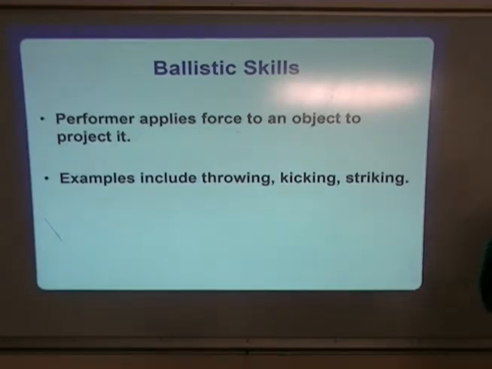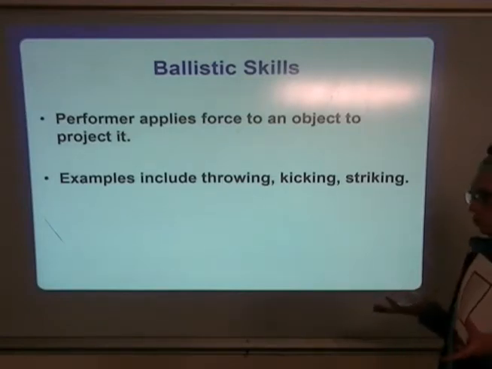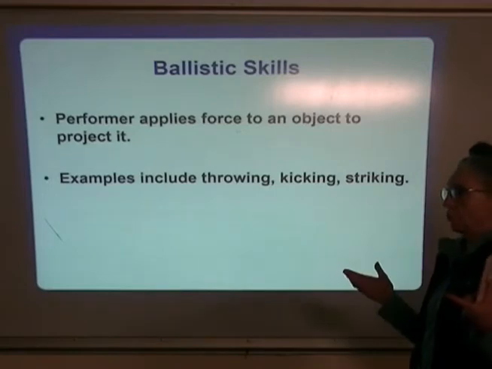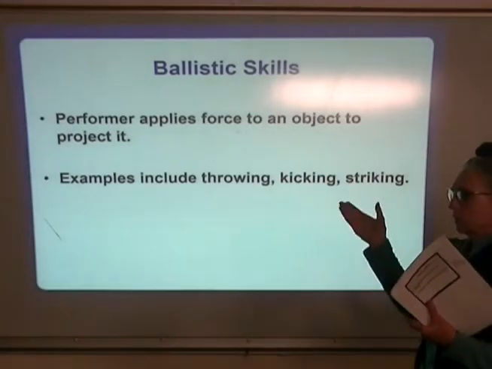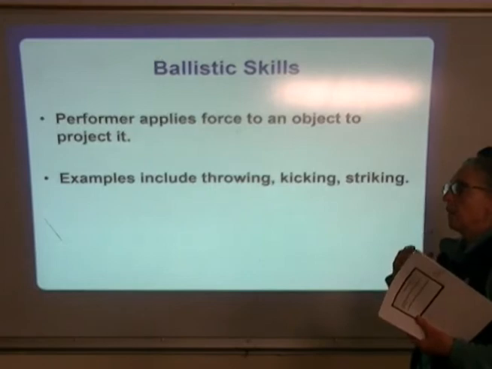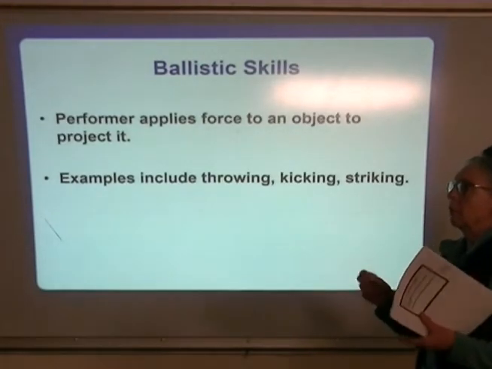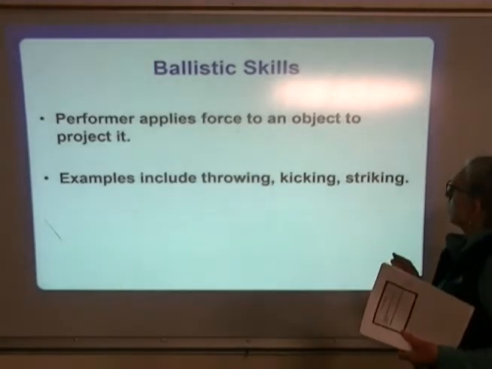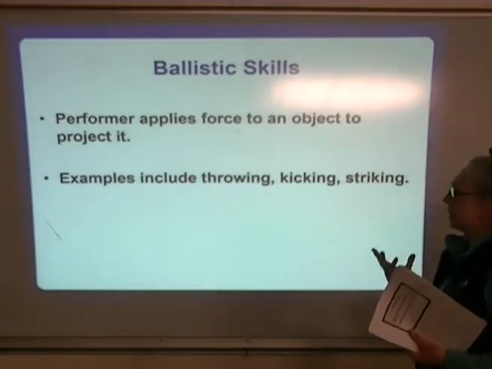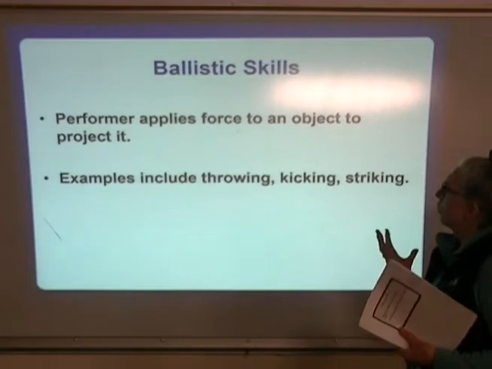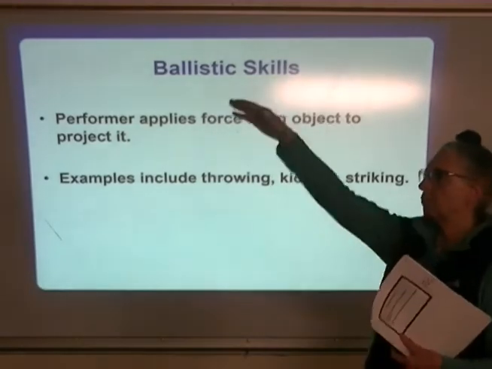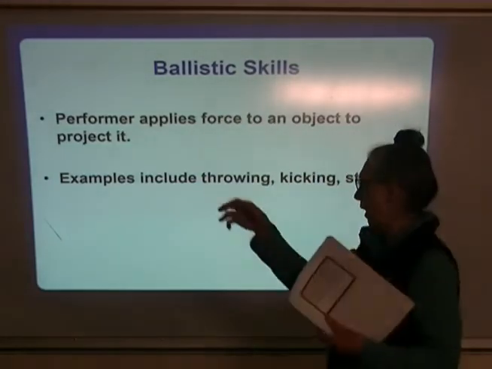So this textbook splits object control skills into two subgroups. Ballistic skills in this chapter, and then the next chapter they do manipulative skills like catching. As I just said, a ballistic skill is one where we have to apply a force to an object to send it somewhere else.